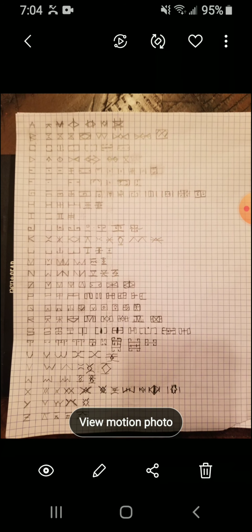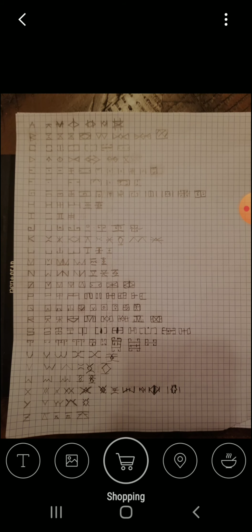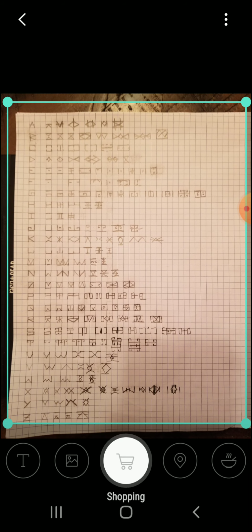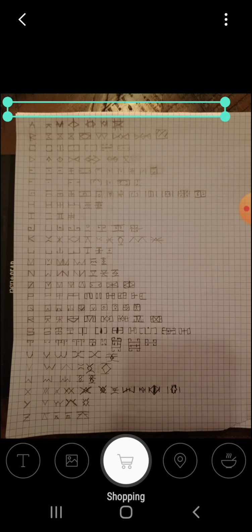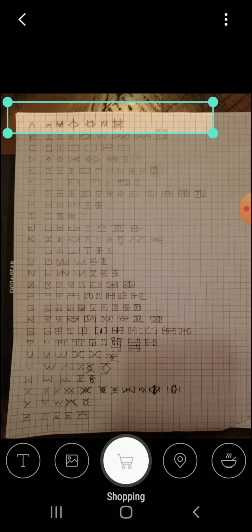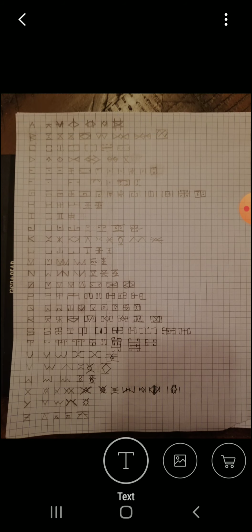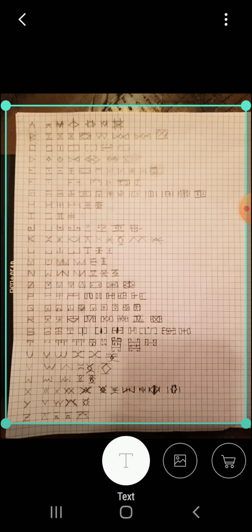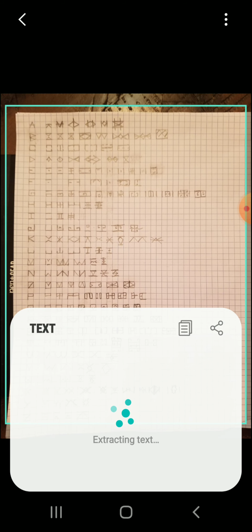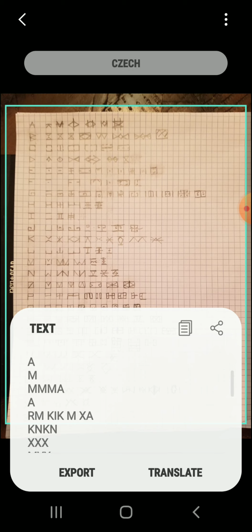So now you take this, open up Bixby Vision or whatever. You can go to Google Translate. Now you can go individual lines, or just do the whole page.